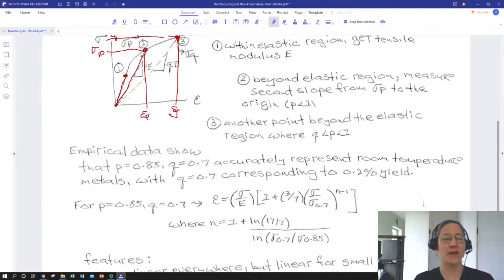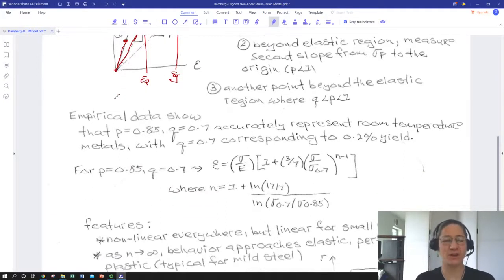And if we ratio the slope of this line to the slope of the modulus, we could say it's the modulus times some coefficient P. And the same thing with Q. So you've got a stress strain slope of E in the elastic region, an origin-to-curve line slope of PE to point 2, and then QE to point 3.